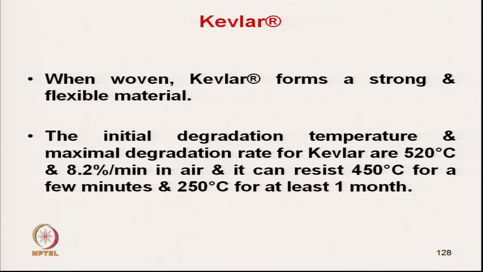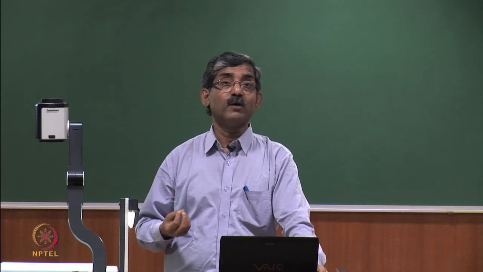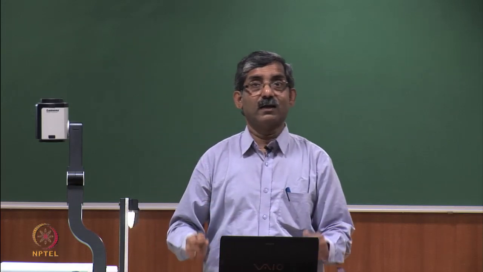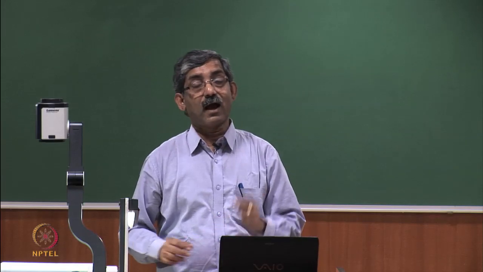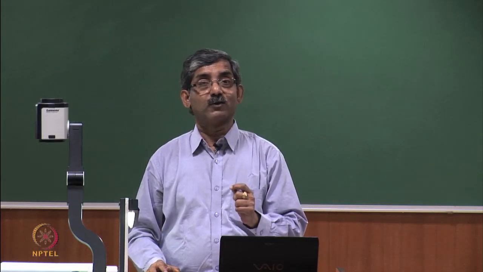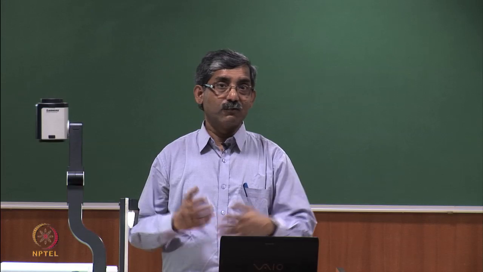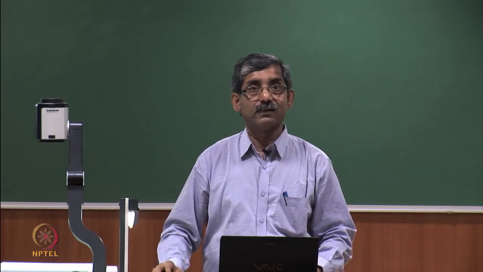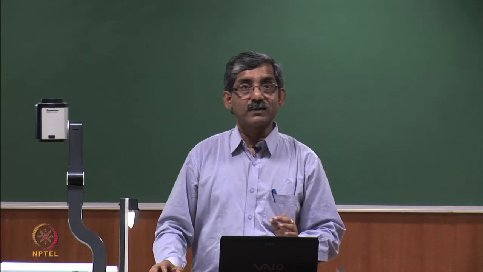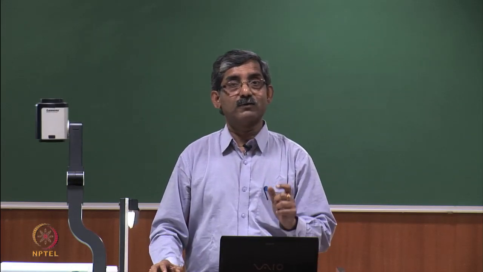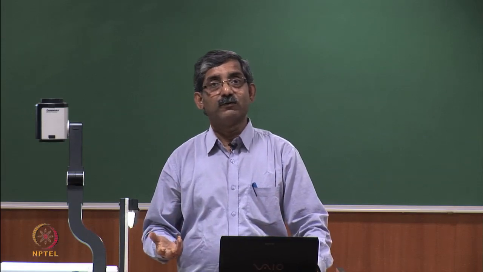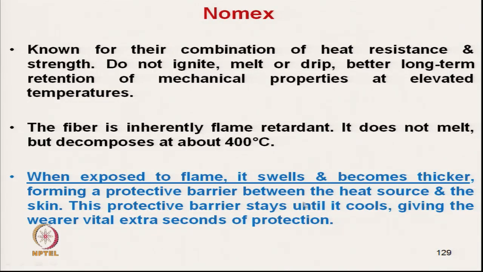And if we keep this fabric made of Kevlar at a temperature as high as 250 degrees Celsius, it can maintain its strength at least for 1 month. So, Kevlar can be used for high temperature application for longer time.